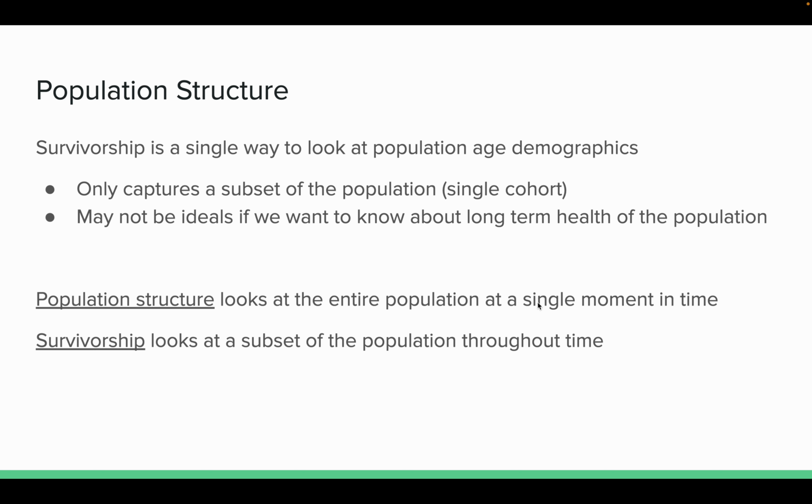Entire population at a single moment, subset of the population throughout a range of time. So yes, both have their own benefits, and it can be important to determine which of these you should be choosing to use.